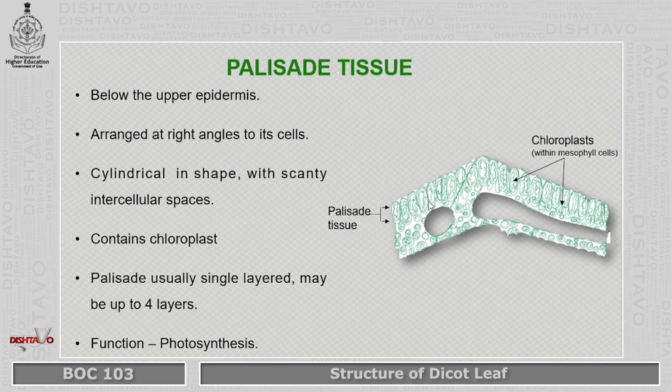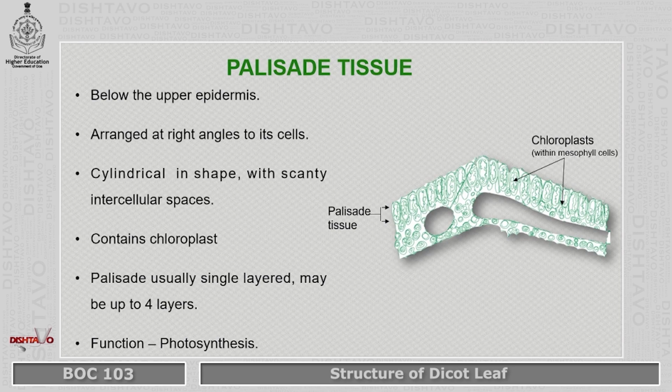Palisade is usually single layered, but depending on the light, it can go up to 4 layers. Since these cells contain chloroplast, the main function becomes photosynthesis. When these cells contain chloroplast, we call such cells chlorenchymatous cells.